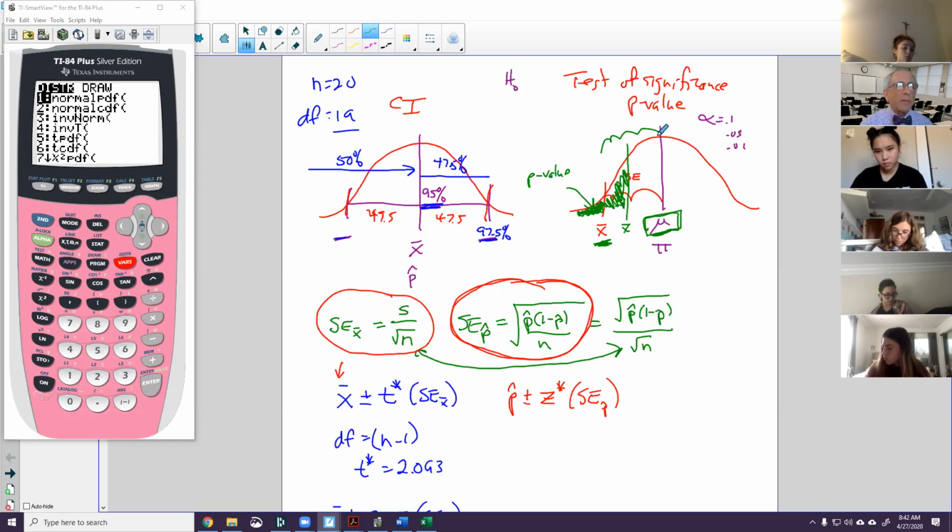But let's say it turns out that my actual statistic, my sample mean, is not that far away from the mean, and my p-value is a much bigger area here. I can't reject the null hypothesis, because this could very well have happened just by random chance. Okay, kind of? I think I get it.